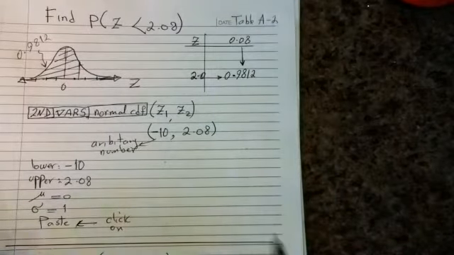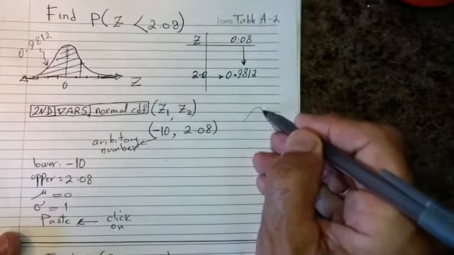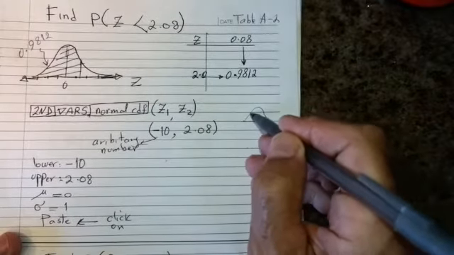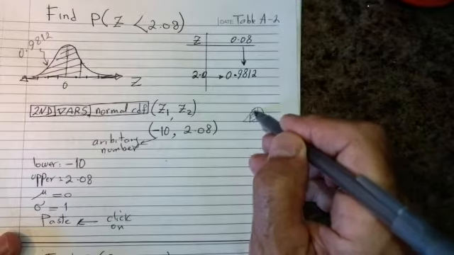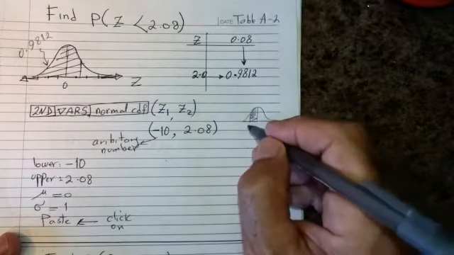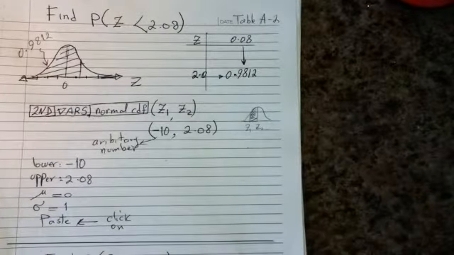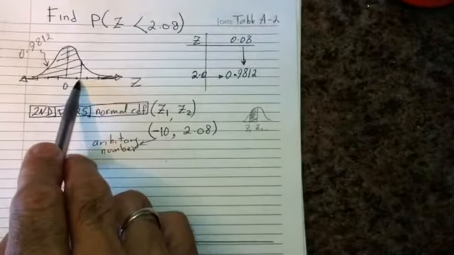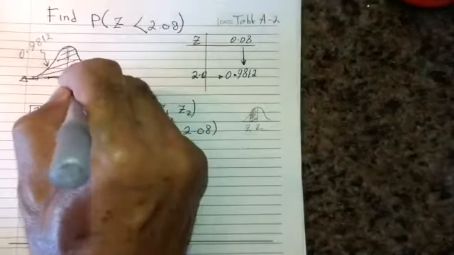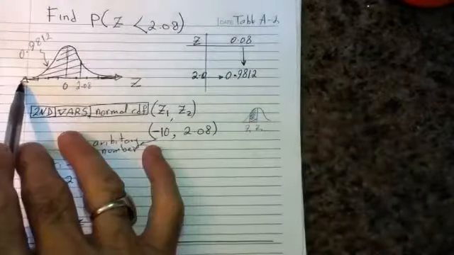Now, if you want to use the calculator, it always asks for boundaries. It always wants Z1 and Z2. You need to calculate the stripe. But this one, we know this side, this one is 2.08. So we have Z2, but we don't have Z1.